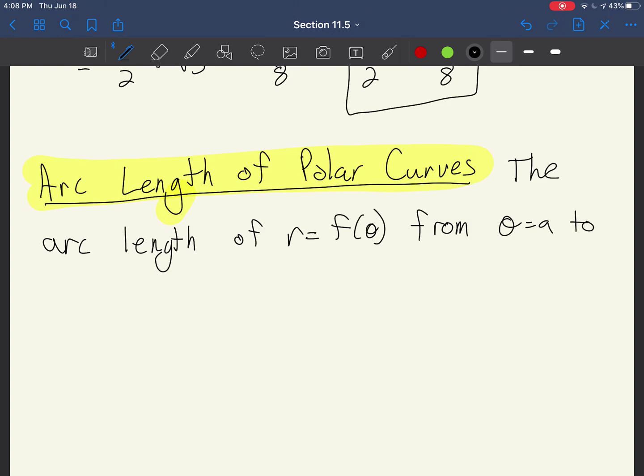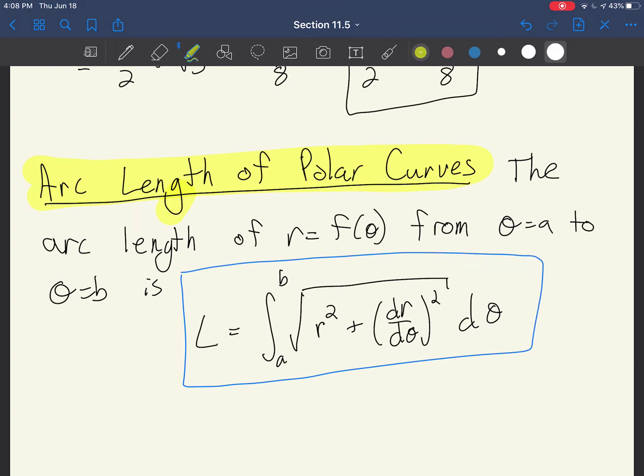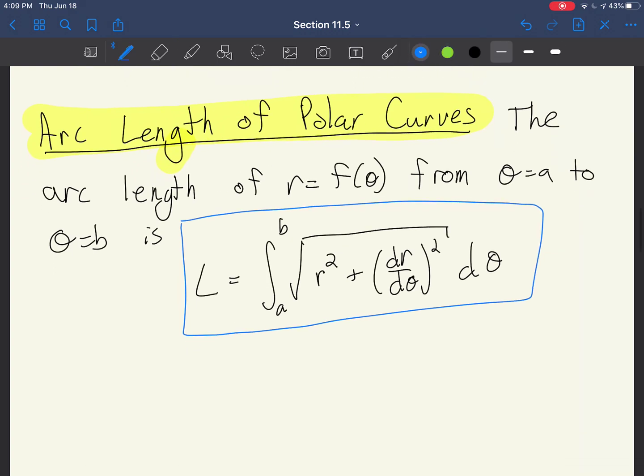The arc length of r equals f of theta from theta equals a to theta equals b is L equals the integral from a to b of the square root of r squared plus dr d theta quantity squared d theta.